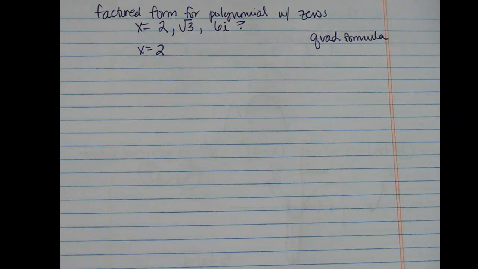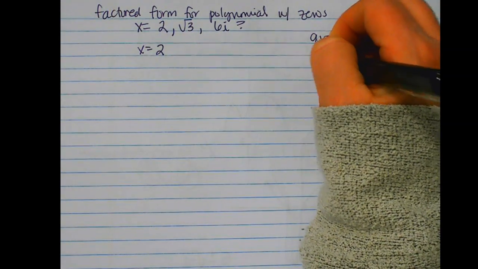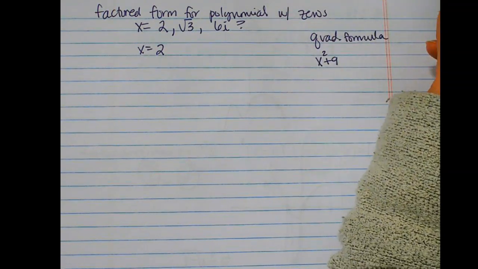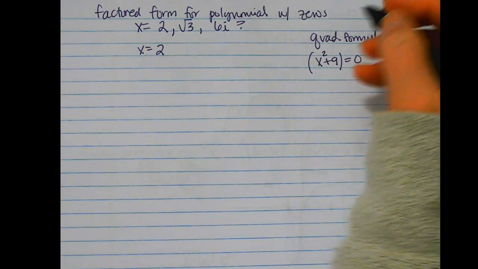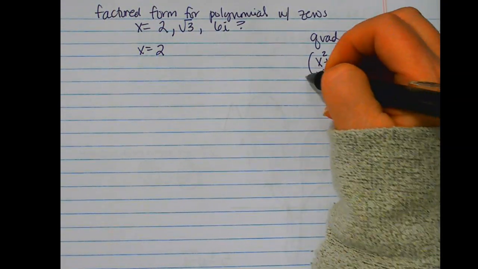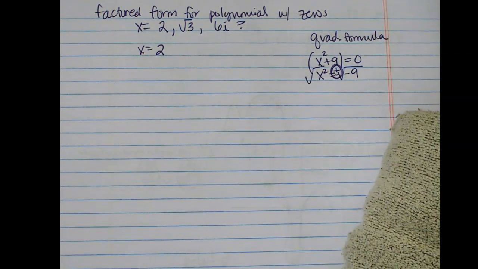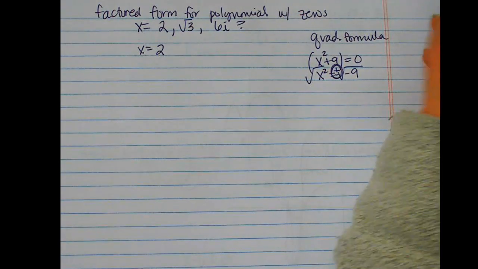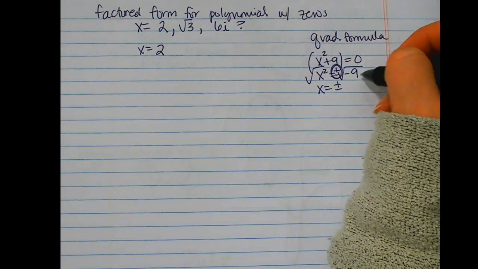But anything like, if you had x squared plus 9 as a factor and you solve that and set it equal to 0, you'd have x squared equals -9. When we take the square root of both sides and put plus or minus, see that looks like the quadratic formula with a plus or minus, you'd have x equals plus or minus 3i.